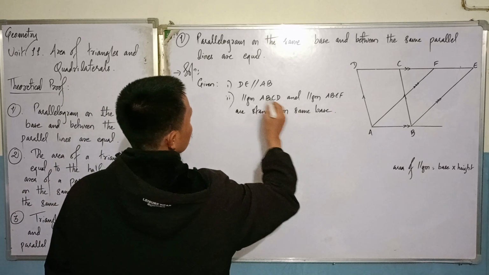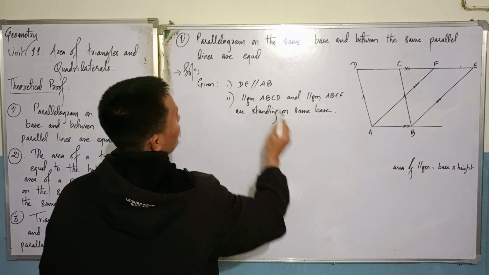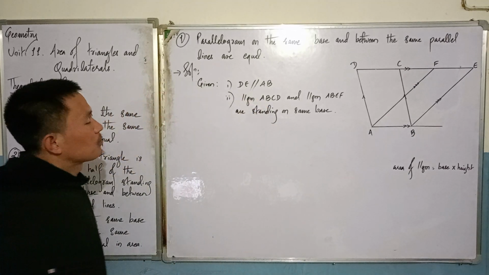You can write up to here because we have already mentioned DE parallel to AB.